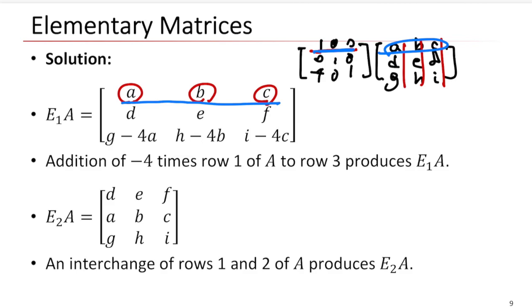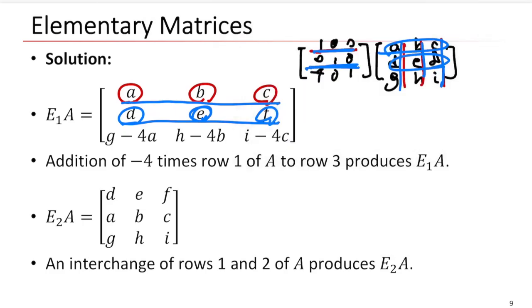What about this one? This term is the second row by first column, this is the second row by second column, this is the second row by third column. So it's also the second row of the matrix A itself.